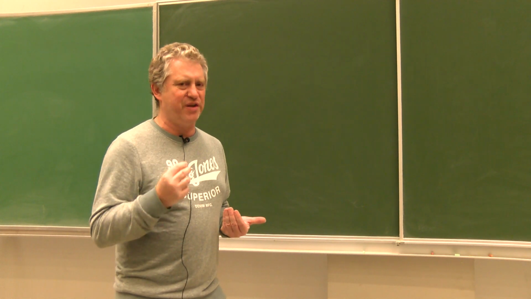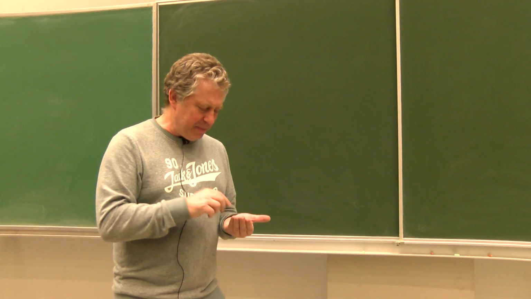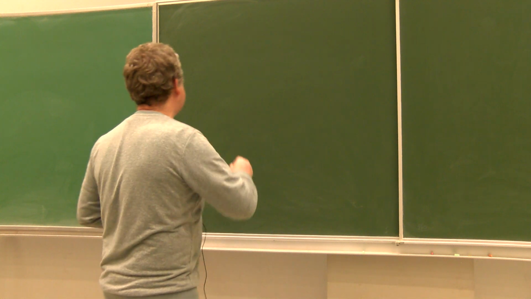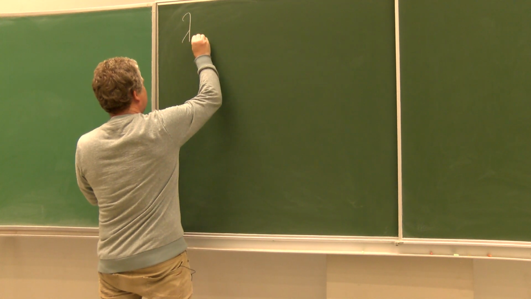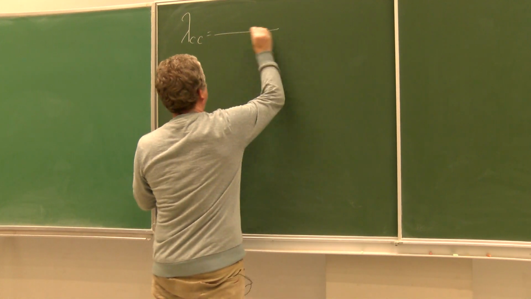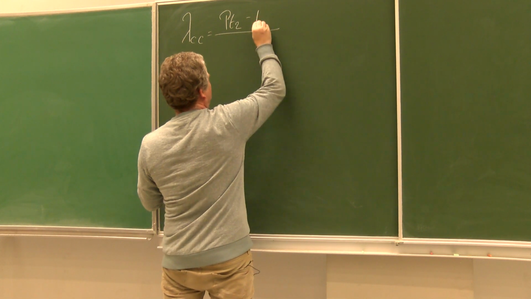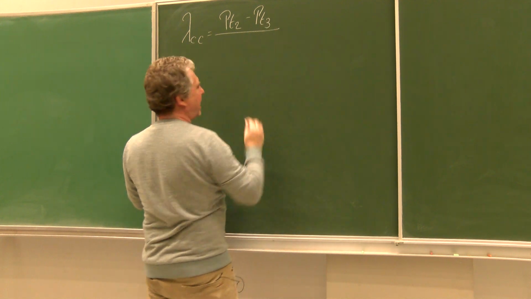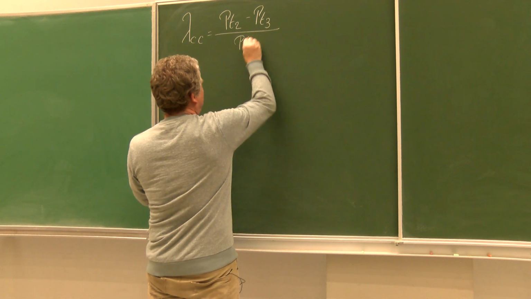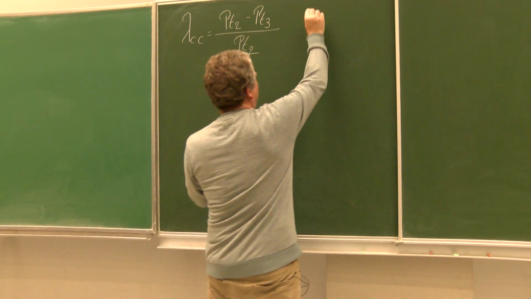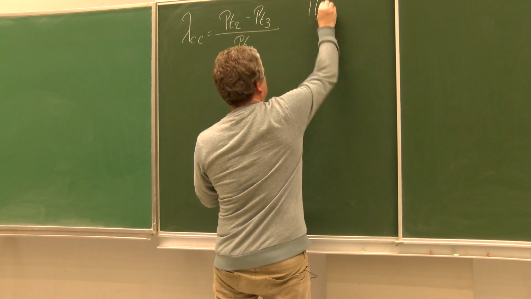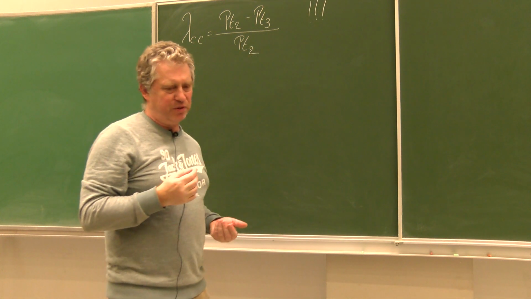These are the pressure losses. So the parameter that we have called lambda cc, which is equal to PT2 at the entrance of the combustion chamber minus PT3 at the exit of the combustion chamber, divided by PT2, is extremely important.